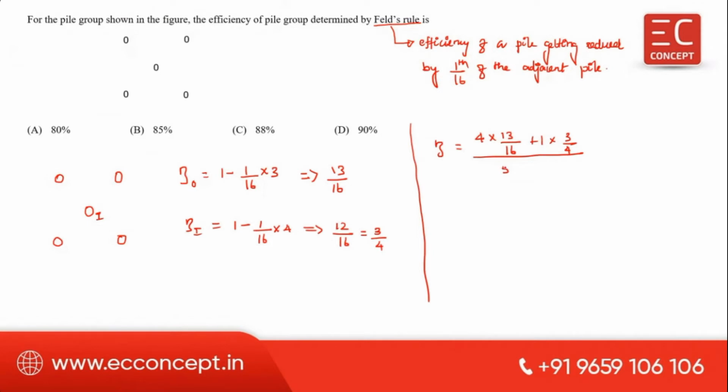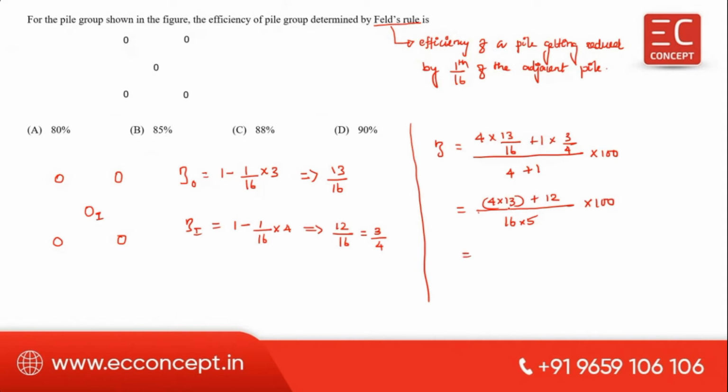The total number of piles is 4 plus 1, into 100. If you simplify this, it is 16 into 5, then 4 into 13 plus 12, into 100.